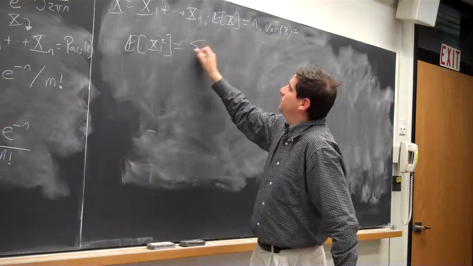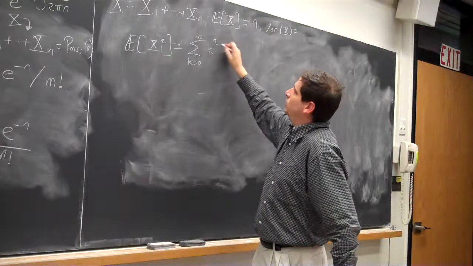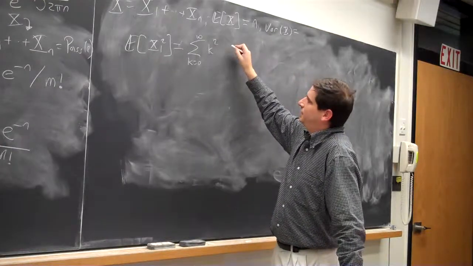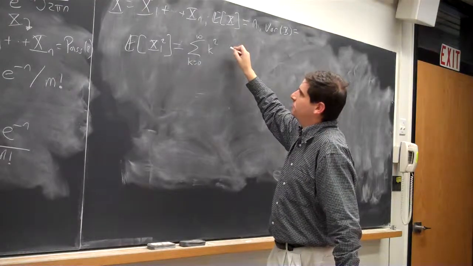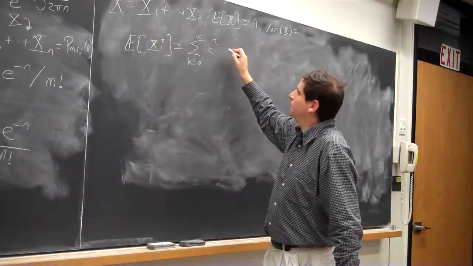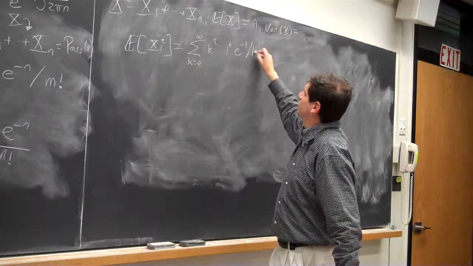So we would want to sum, k goes from 0 to infinity, of k squared, and then lambda is just 1, right? So we get 1 to the k, e to the minus 1, over k factorial.